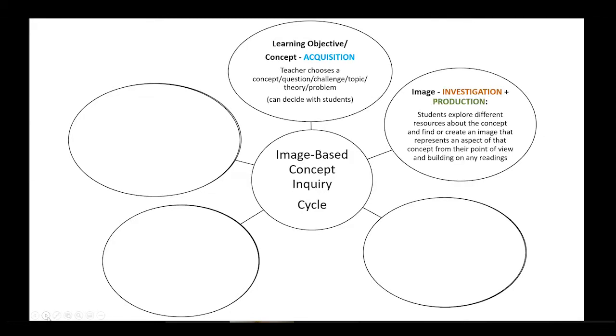The next stage is the focus on image, where you ask students to do a little bit of investigation and production. These are two more different learning types, and you would encourage students to explore different resources about the concept and then find or create an image that represents an aspect of that concept from their point of view, building on any readings.